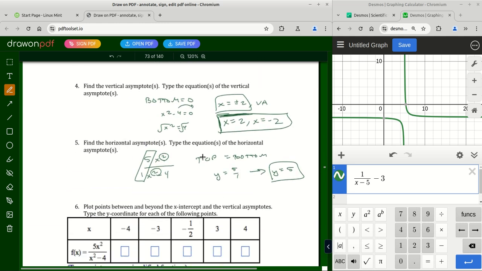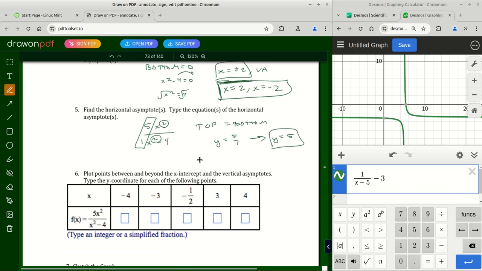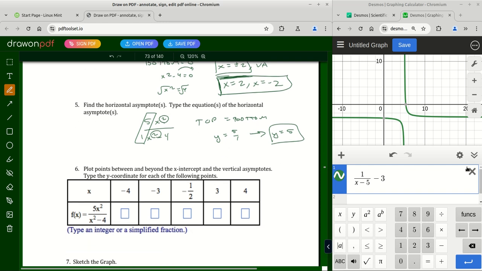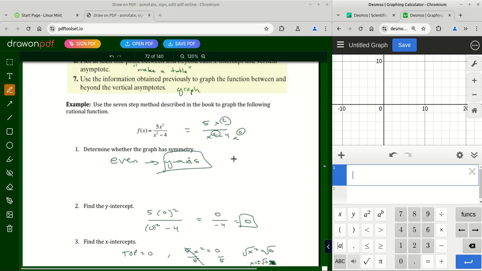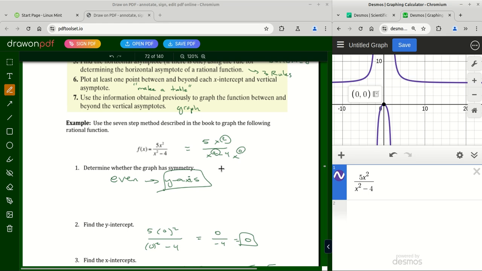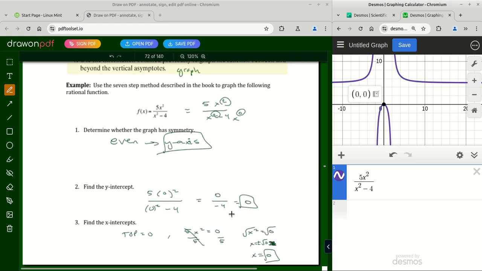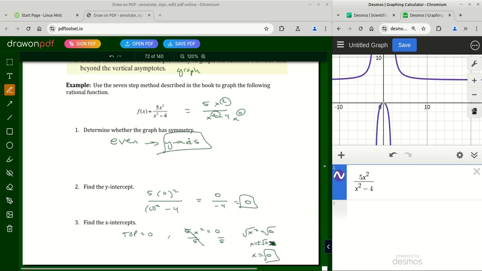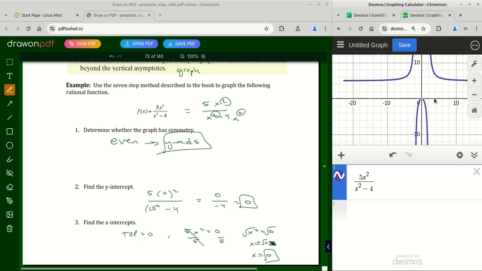It's pretty straightforward. Can Desmos help you with that? Yeah, a little bit sometimes. I wouldn't say it's perfect. Just as a quick thing, since we're here and I have it up, I'll show you that it's really not perfect. Like here, can you find the x and y intercept at 0? Sure. Can you look at this and say symmetry? Like zoom out, do you see symmetry?